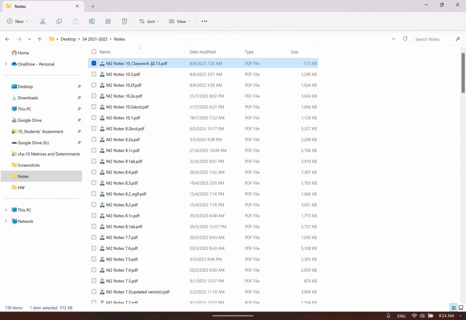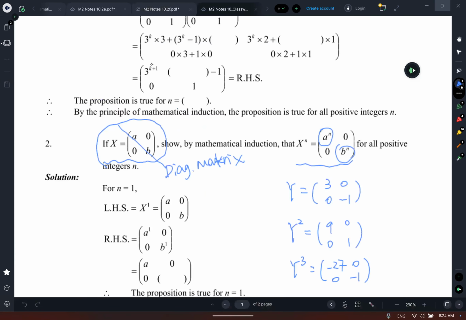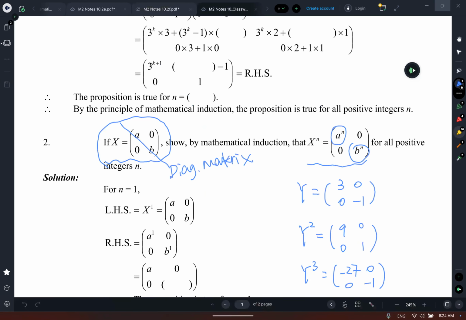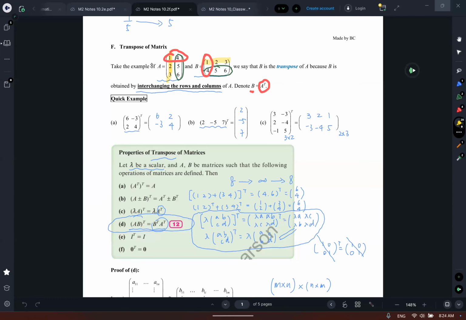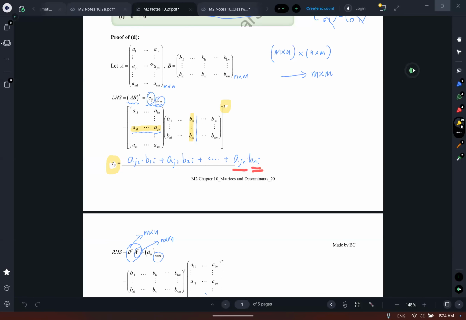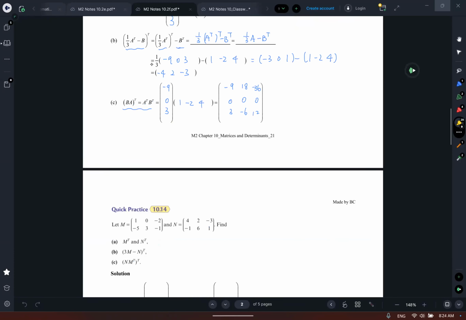Just as with this one, this result in this exercise is not even in the textbook as a theorem or a property, but I'm very sure that later on you will use it. You will use, oh, this to the power n is this. And also today, I am pretty sure that later on you need to use this result quite often.